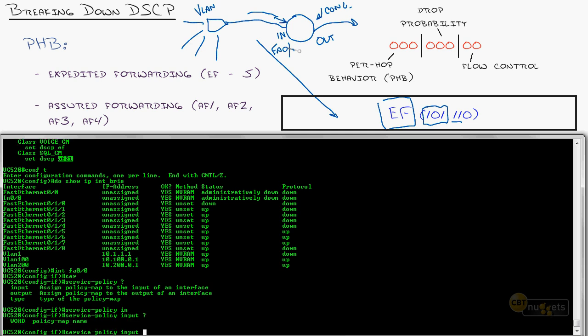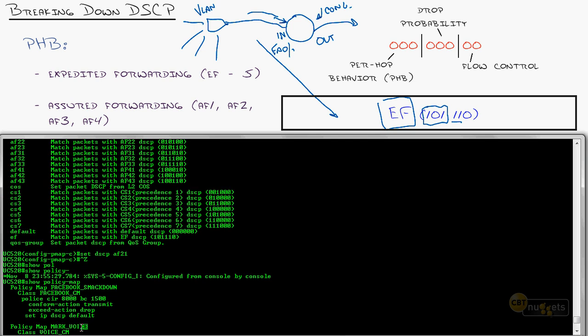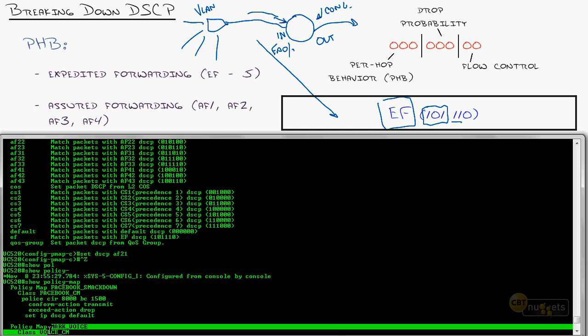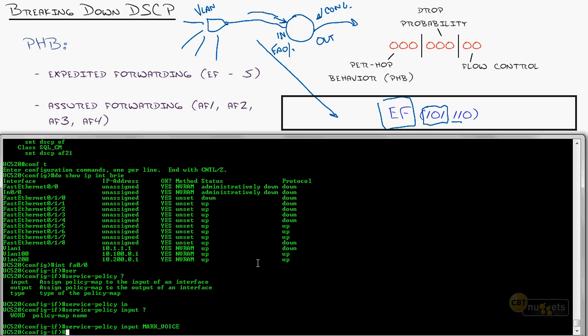I'm going to apply the policy map that I forgot its name, mark voice. Enter. Now we've got it. Now as stuff is coming in, it's going to be marked with those values, which again, I've got to emphasize, mean nothing without stepping it up to what we're going to talk about in the next nugget, which is queuing mechanisms.